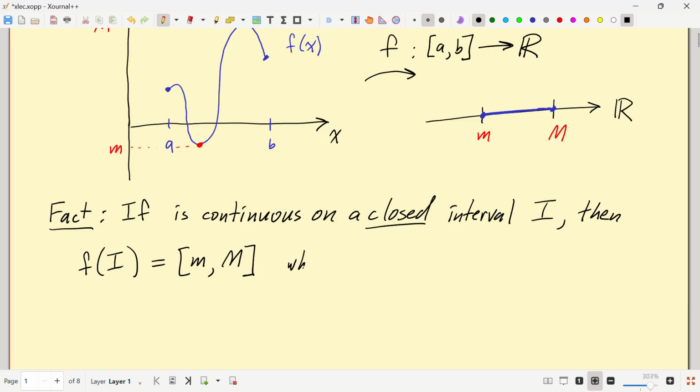So, where little m is the min on the interval, and capital M is the max.